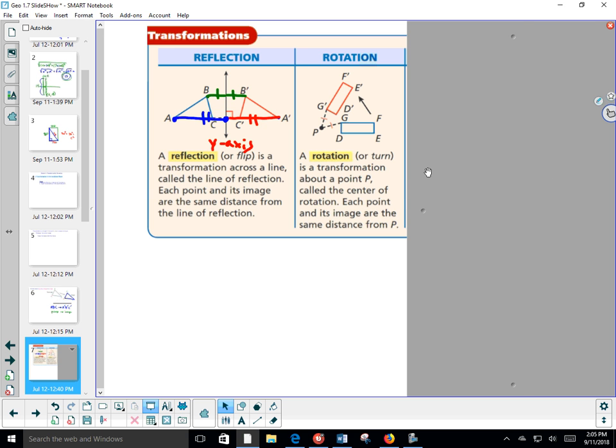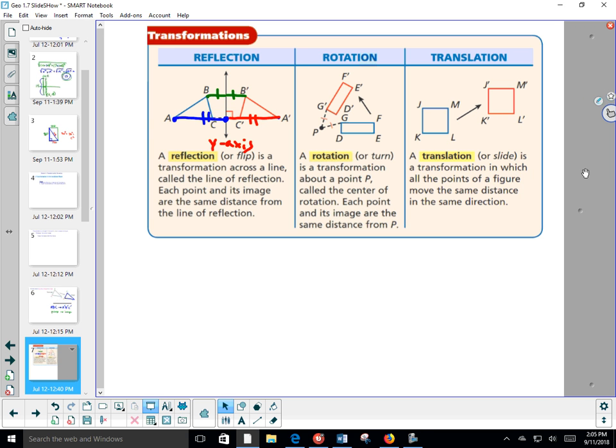And our third type of transformation is a translation, which you could call a slide, okay? And in that, all the points of the figure move the same distance in the same direction. So for example, you might take this pre-image JKLM and slide it this way right here.